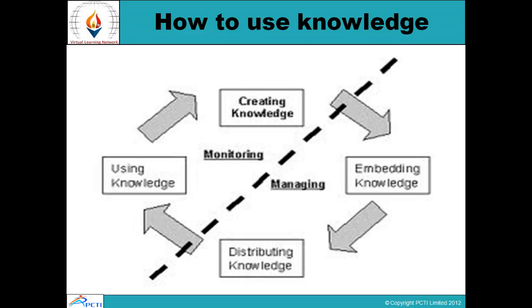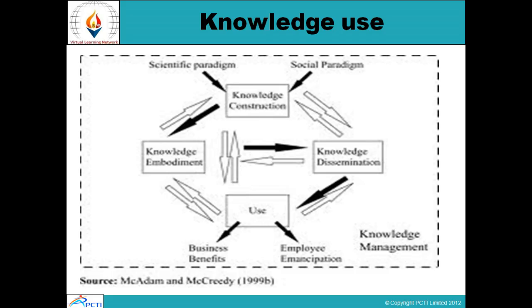But usage requires monitoring, right? So all this process of creating, embedding, distributing, using keeps on going one after another, keeping monitoring and managing in mind. So when you are going to use any knowledge, you have to focus on the managing and monitoring part of it, because this ultimately is able to materialize the whole scenario.